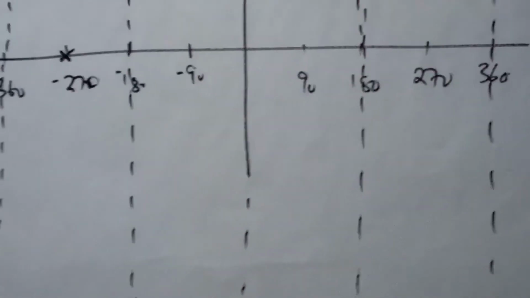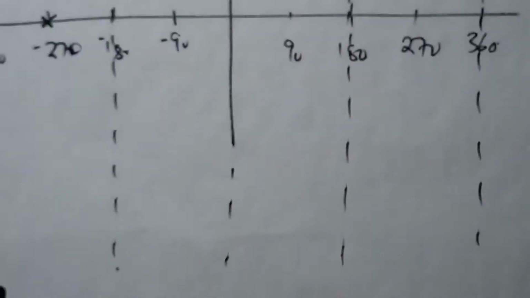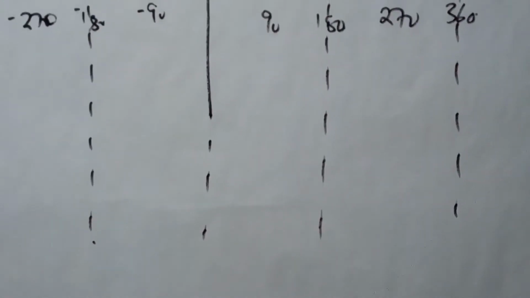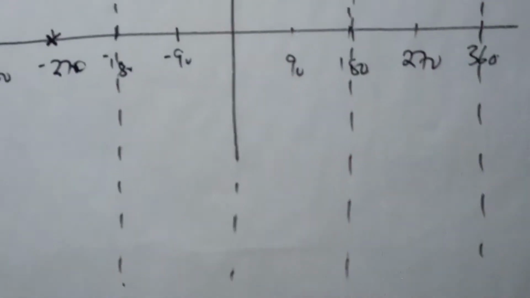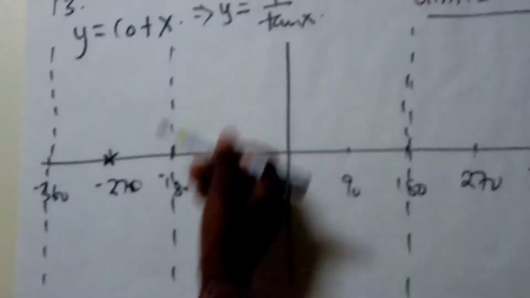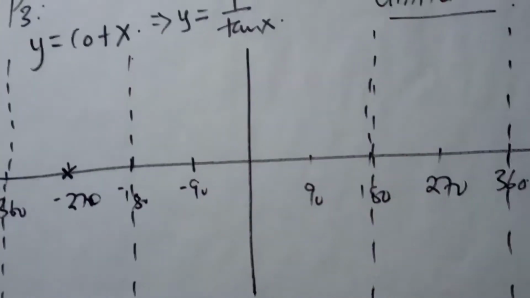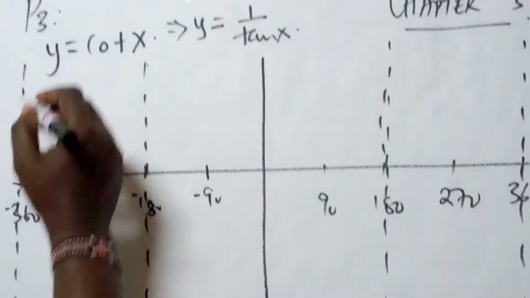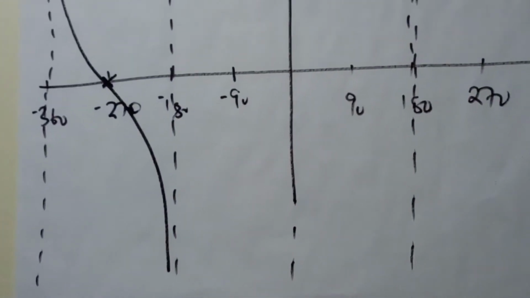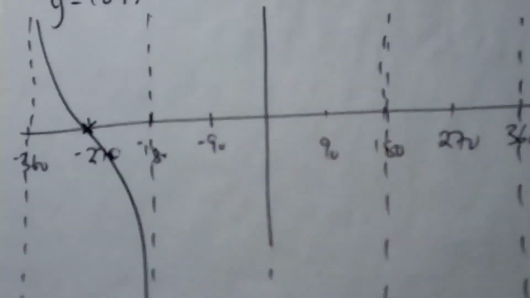The tangent of negative 181 is a very, very small negative number, such that 1 divided by a very small negative number gives you a big negative number. So basically our graph of y is equal to cot x or cotangent x is going to look something like that.